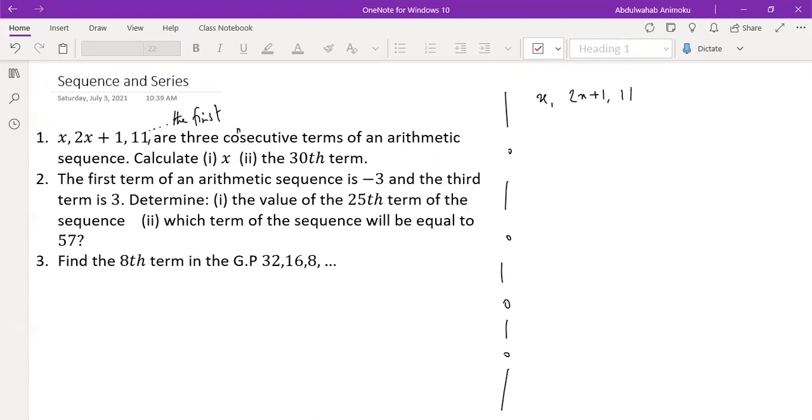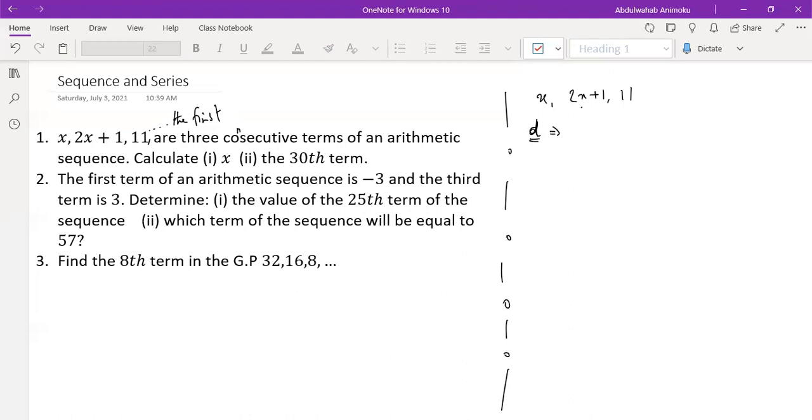How do we approach this? Since there are three consecutive terms of an arithmetic sequence, what is true about an arithmetic sequence? We need to remember the common ratio, I mean the common difference, right? The difference between two successive terms must be equal. That's what it means.